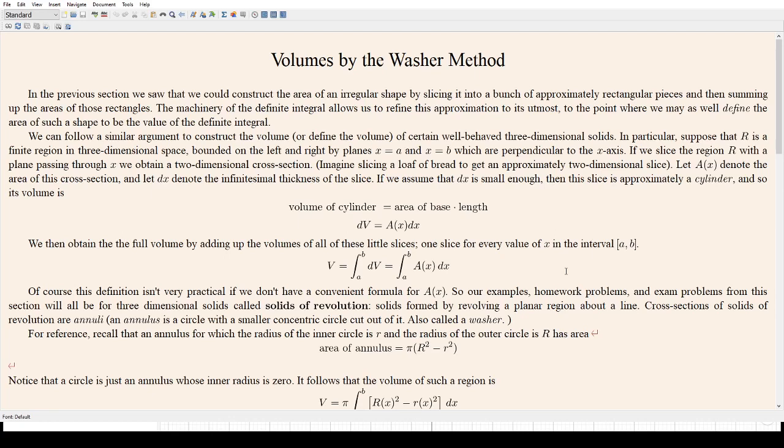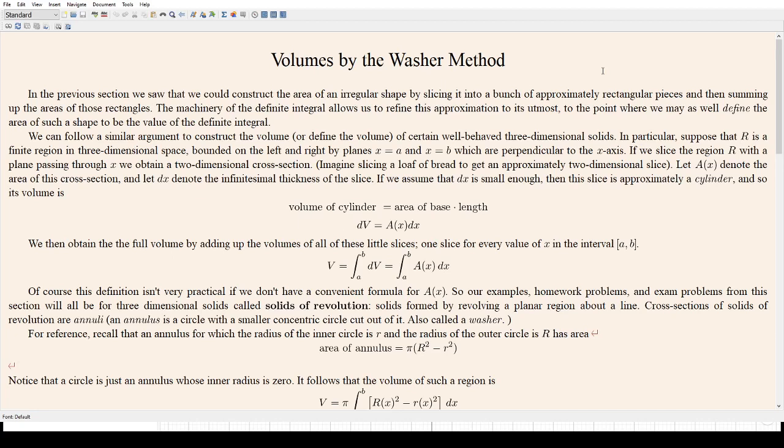Now, our strategy in the previous section for constructing the area of an irregular shape was to slice it into a bunch of approximately rectangular pieces. Because if the slice is thin enough, then you can assume that the intersection of the slice with the function is approximately constant.